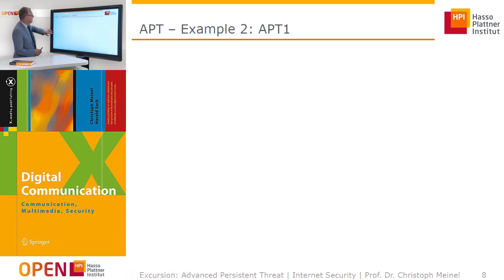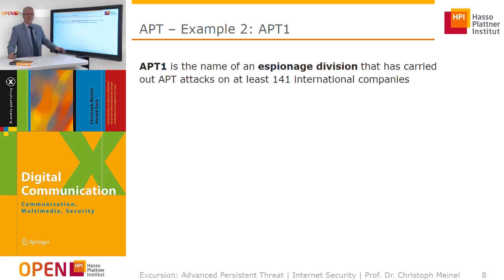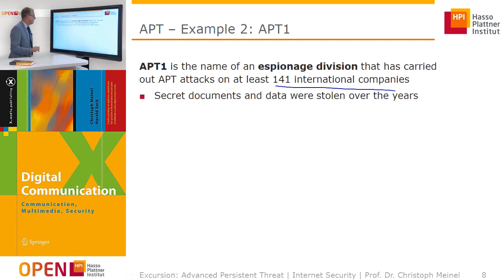A second example of an APT is APT-1. APT-1 is the name of an espionage division that has carried out APT attacks on at least 141 international companies. Secret documents, secret data, development data were stolen over years.